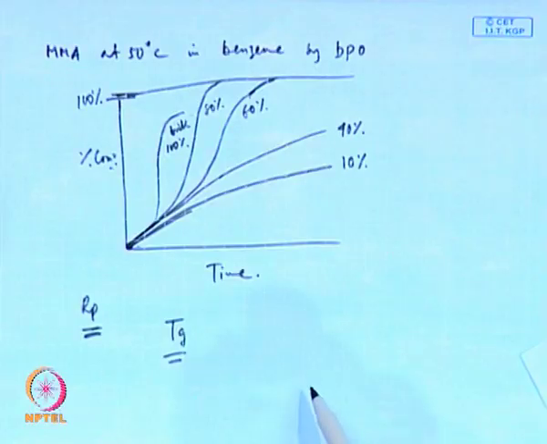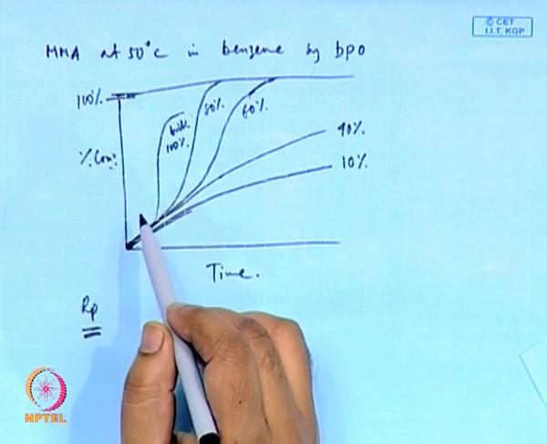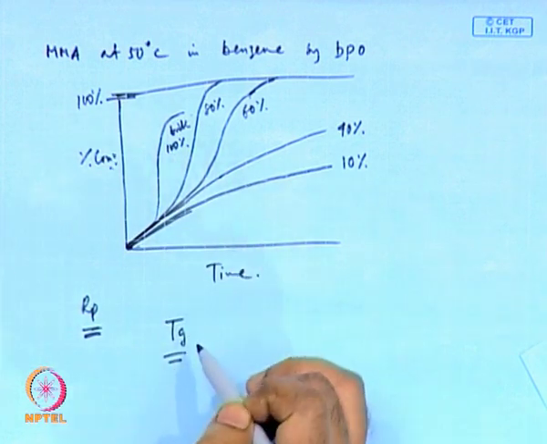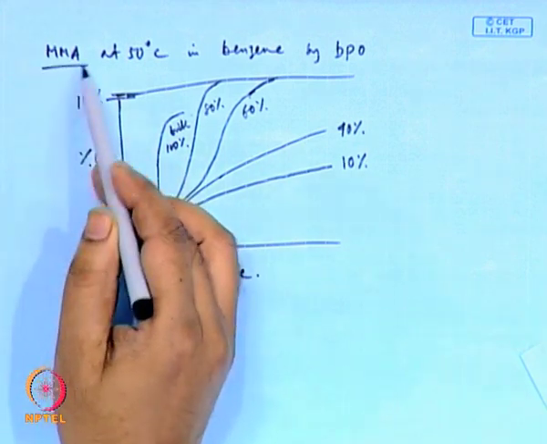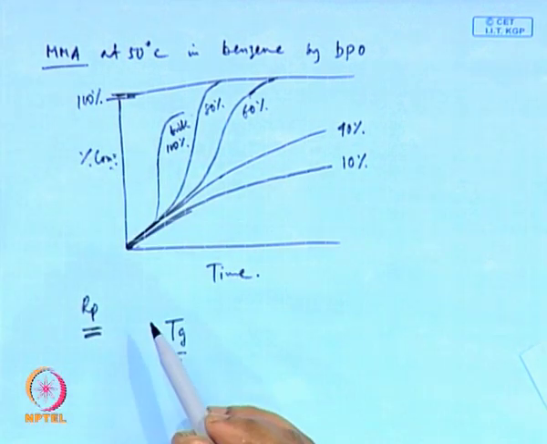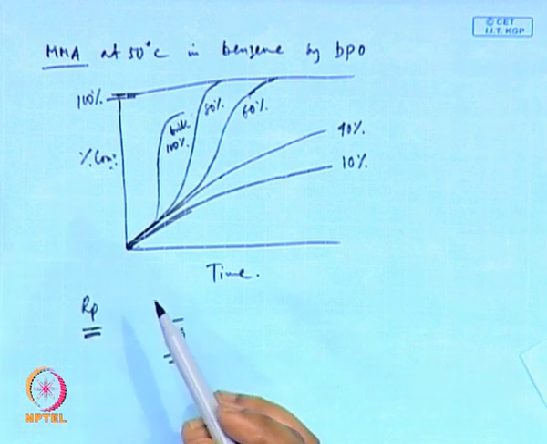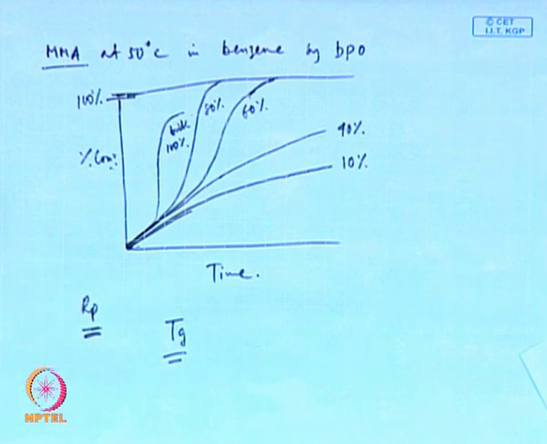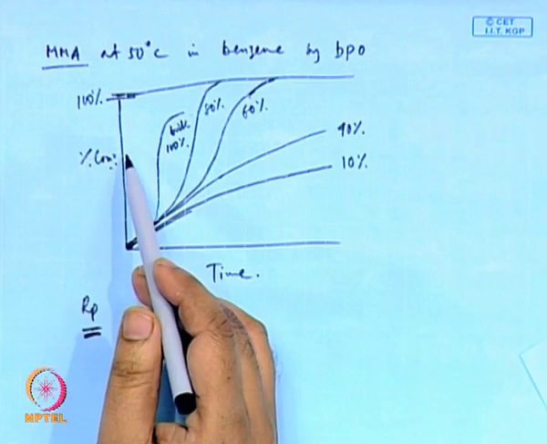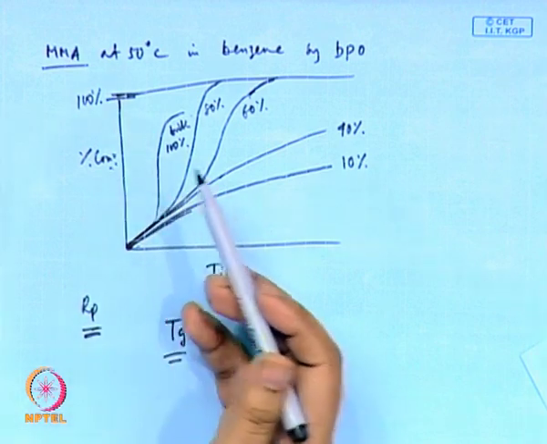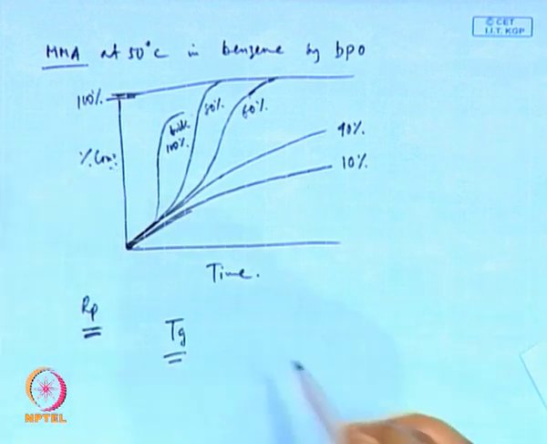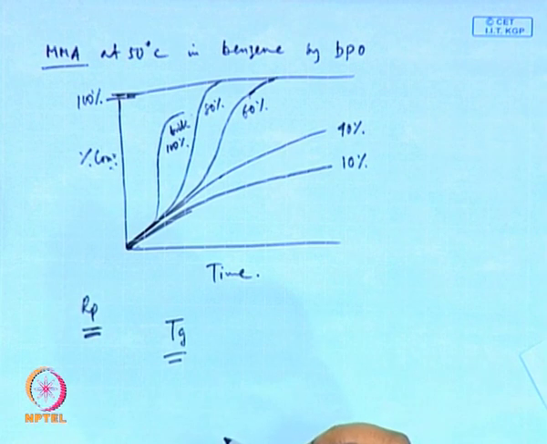Now, if you do the reaction at a temperature which is below Tg, now Tg for polymethyl methacrylate is a little in excess of 100, close to 100. So, if you do a reaction say at 50 degree centigrade or 60 degree centigrade, that is below the Tg, glass transition temperature.